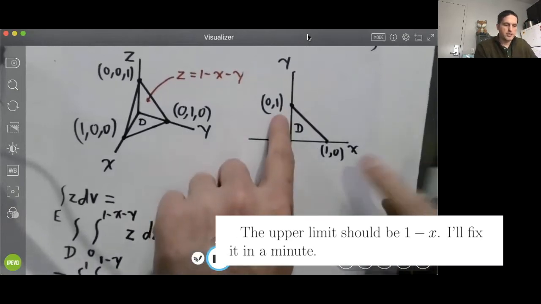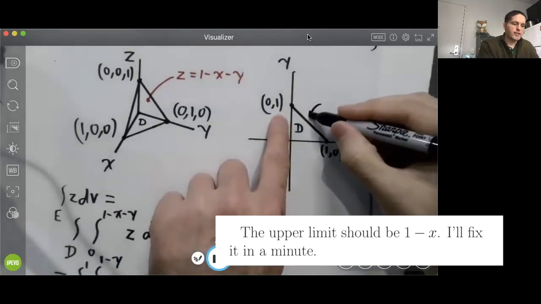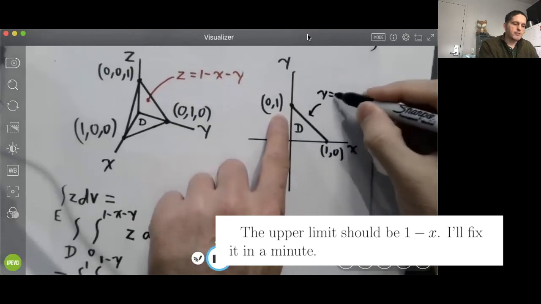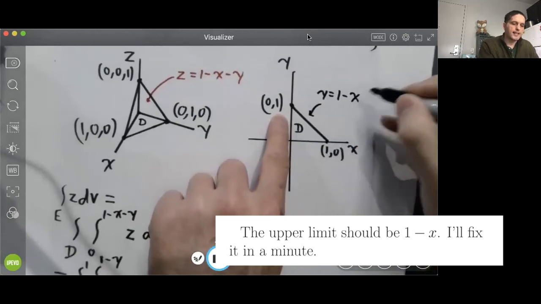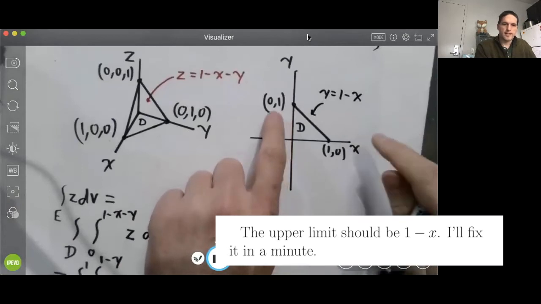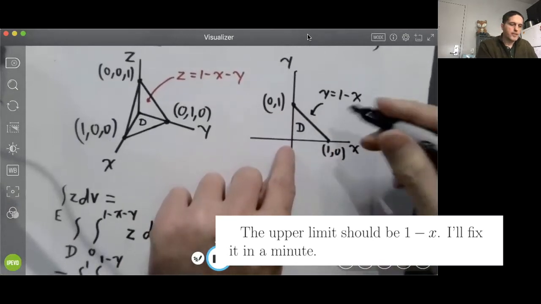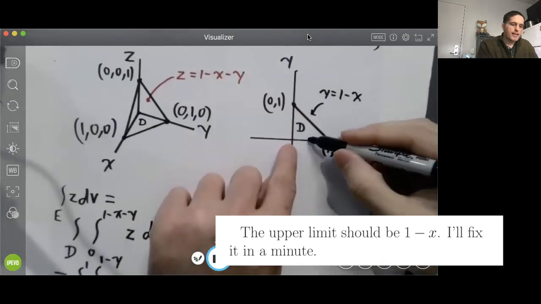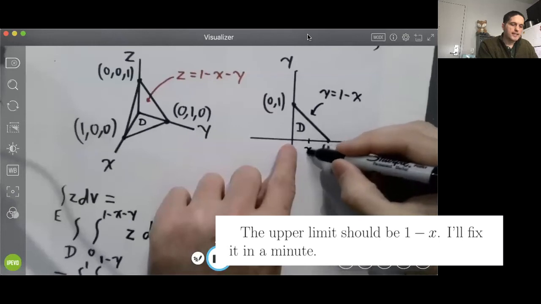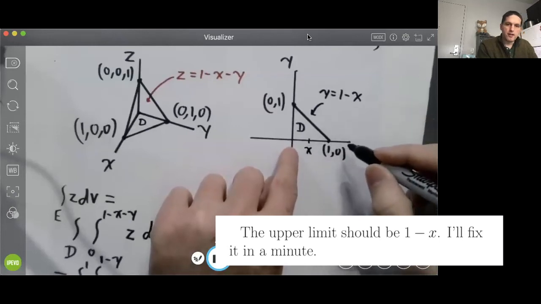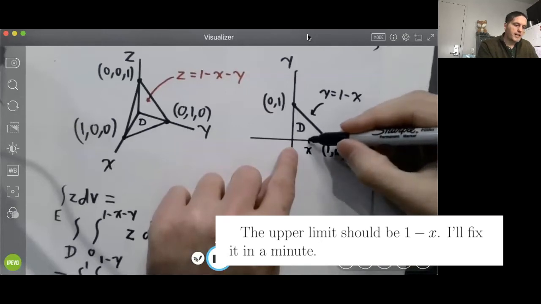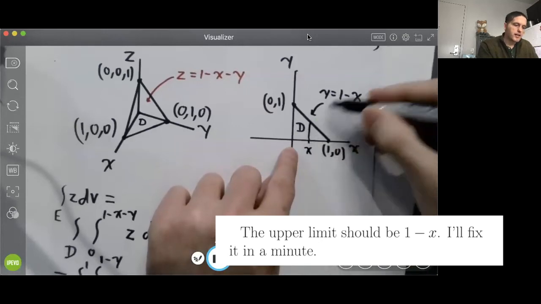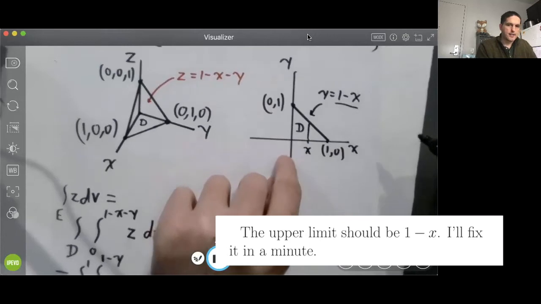If we look at this picture, the equation for this line is y equals 1 minus x. For any given value of x in between 0 and 1, y goes from 0 up to 1 minus x.